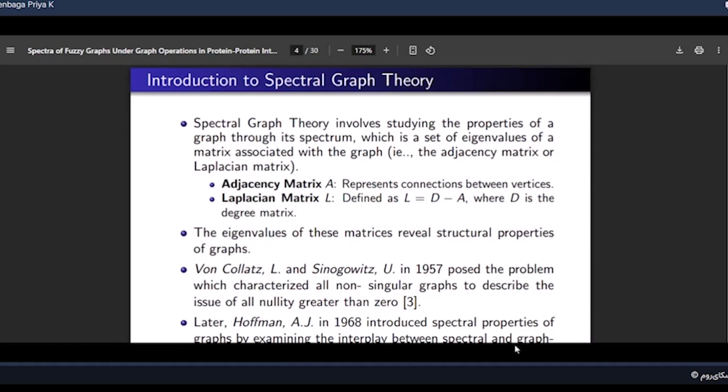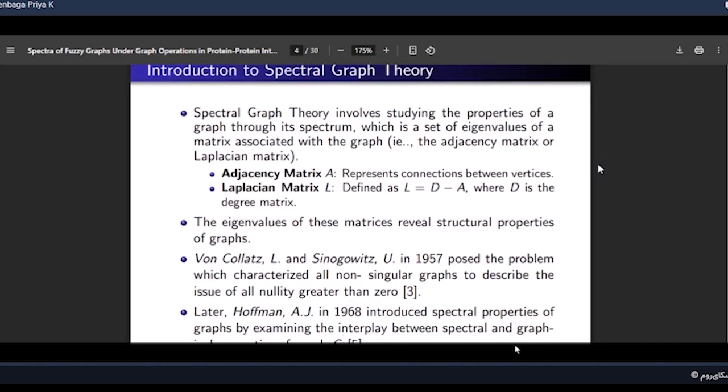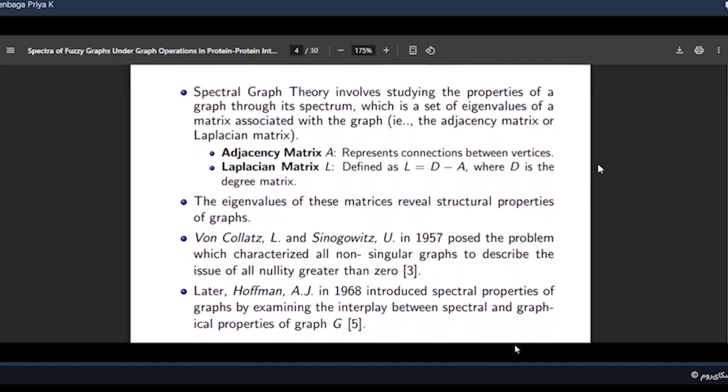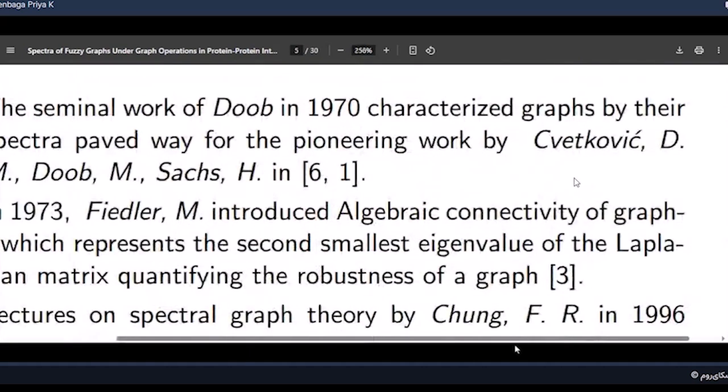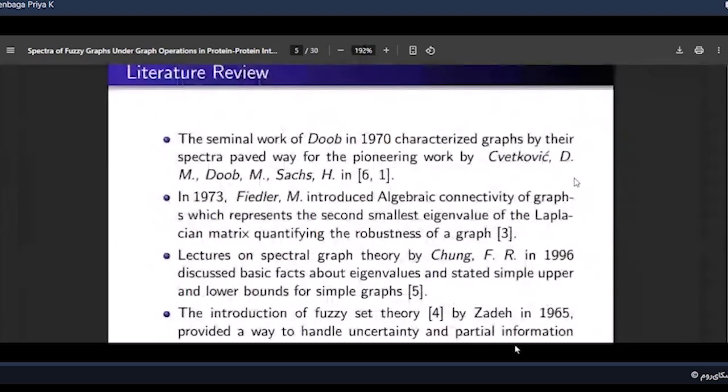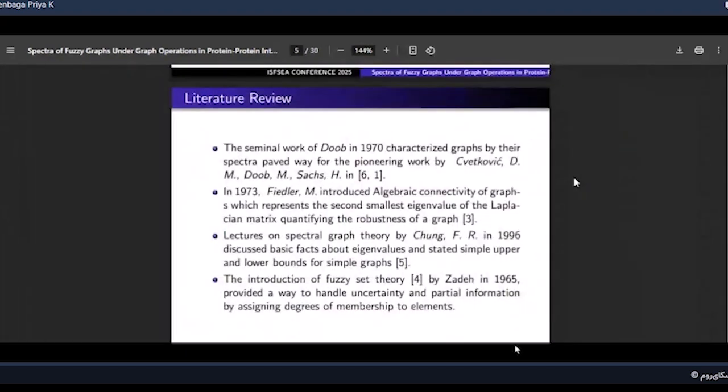Von Collatz and Sinogowitz in 1957 posed the problem of characterizing all non-singular graphs, to describe the issue of nullity greater than 0. Later, Hoffman in 1968 introduced the spectral properties of graphs by examining the interplay between spectral and graphical properties of G. The seminal work of Dube in 1970 characterized graphs by their spectra, paving the way for the pioneering work by Cvetkovic, Doob, and Sachs.